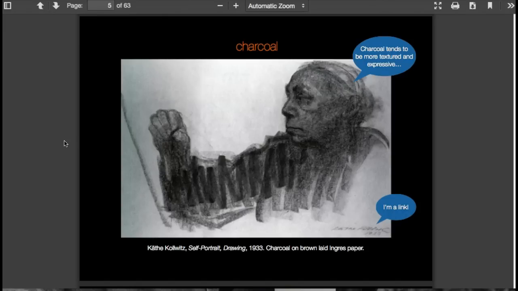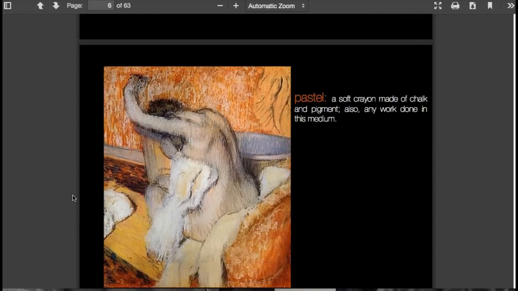But she uses this charcoal pencil here in a very expressive way. So she has this beautiful, soft, smudgy rendering of her face and of her hand. And then the connection is very kinetic through the use of these charcoal pencils. So she's really describing the medium to you and how she uses it.